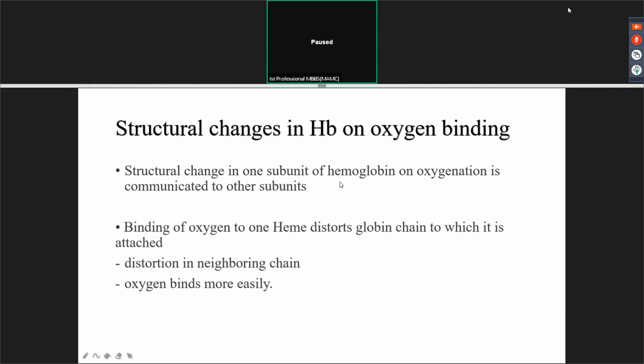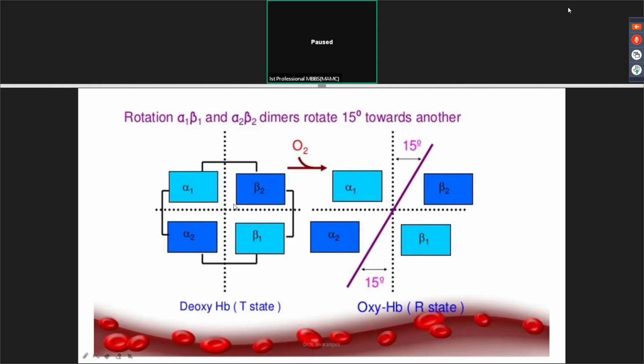So the structural change in one subunit of hemoglobin on oxygenation is communicated to the other subunit. There is distortion in the neighboring chain and further oxygen binds very easily.